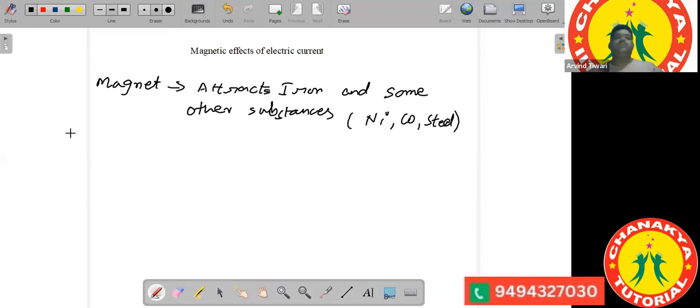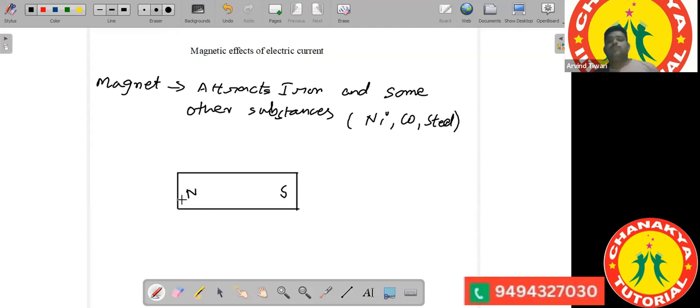Now, if you see a magnet, every magnet has two poles, and we call them the north pole and the south pole. The two poles of the magnet are separated by some distance. They are located towards the ends of the magnet.